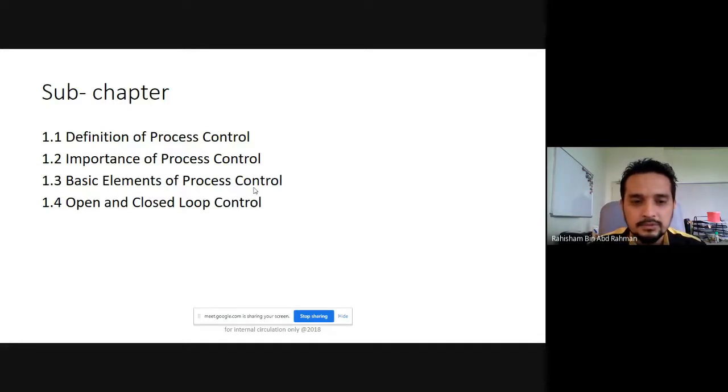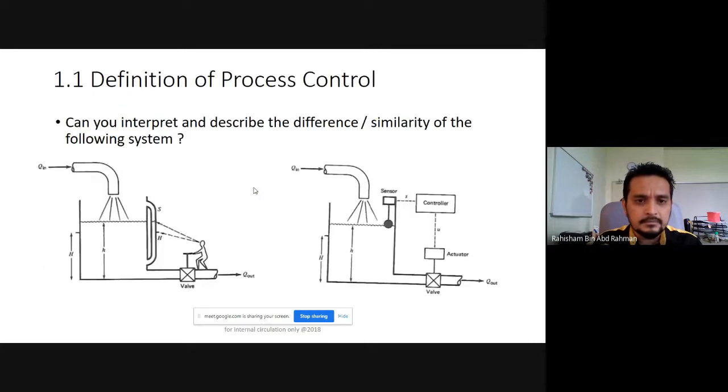Then we're going to review one or two examples of process control, also known as open and closed loop control mechanisms, because process control depends on the complexity of each application.